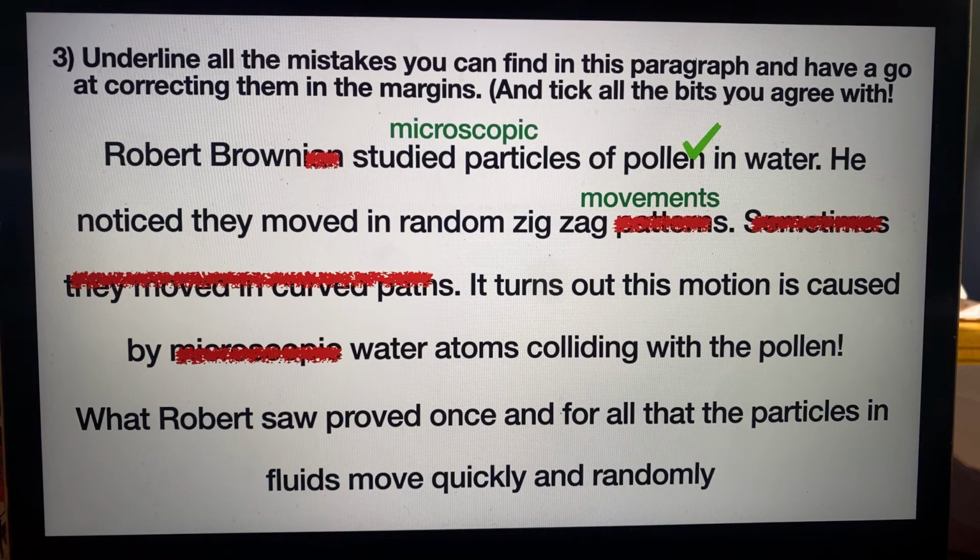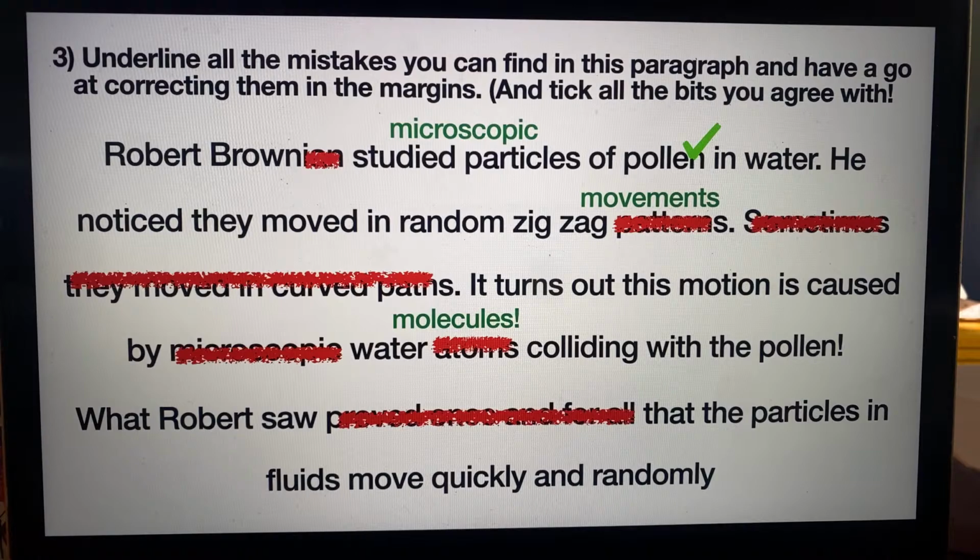Water is made of two different kinds of atom. So we're going to have to cross out atom and write molecule as well. Robert Brown studied microscopic particles of pollen suspended in water. He noticed they moved in random zigzag movements. It turns out this motion is caused by water molecules colliding with the pollen. Yeah, that's fine.